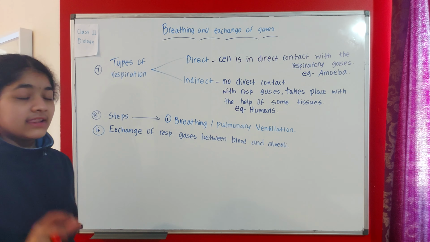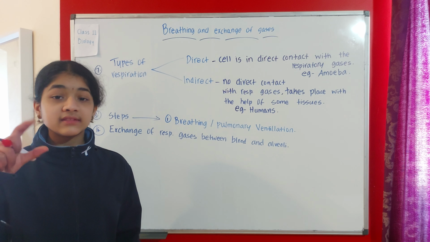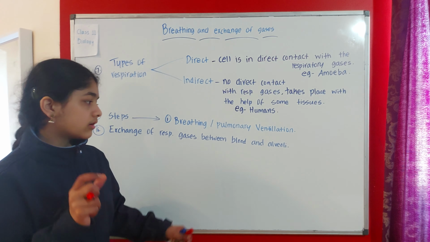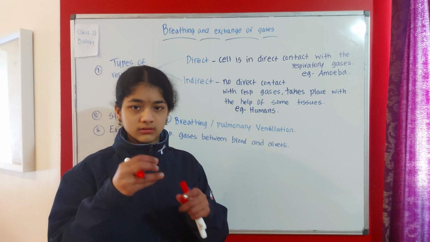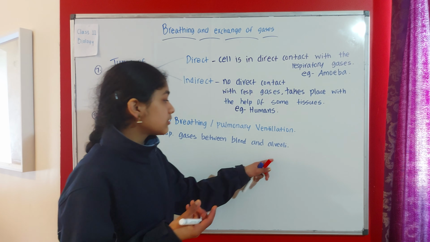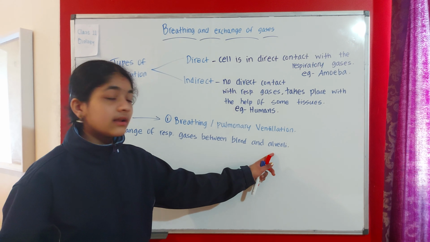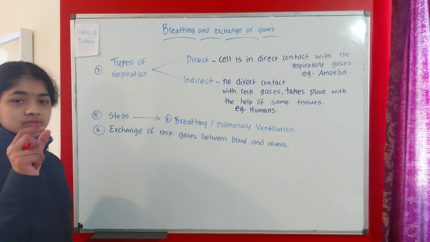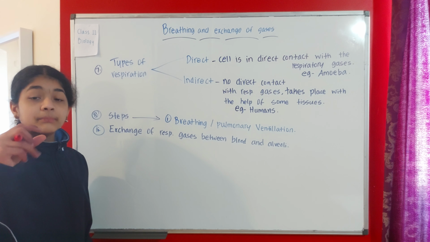Alveoli are the little grape-like structures which are present in the lungs, surrounded by tiny capillaries. These are ball-like structures which are present just at the end of the bronchioles.